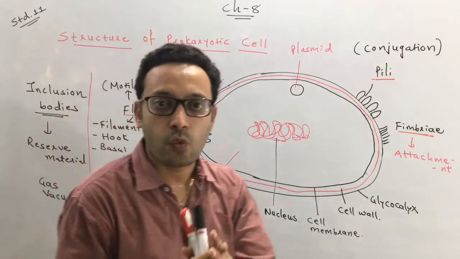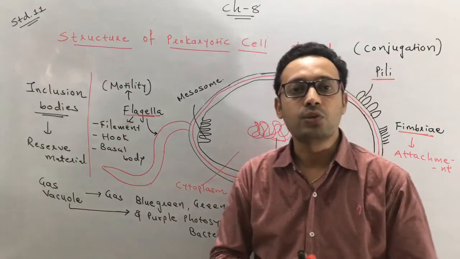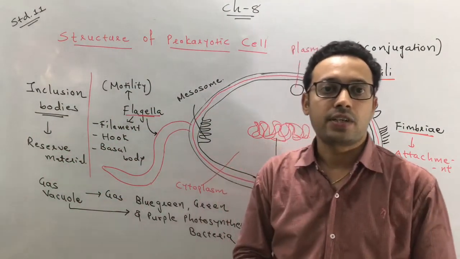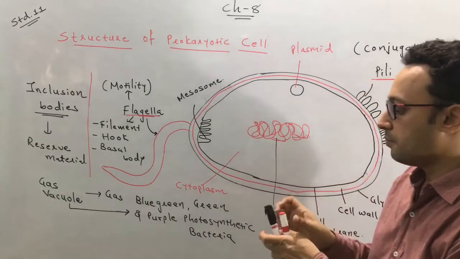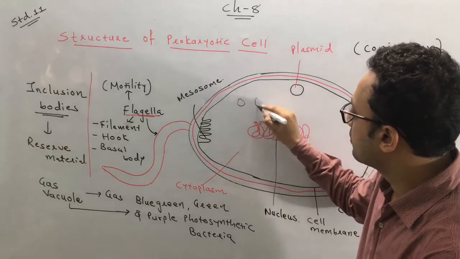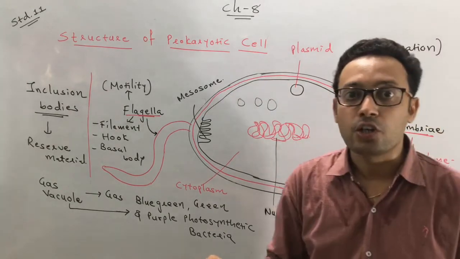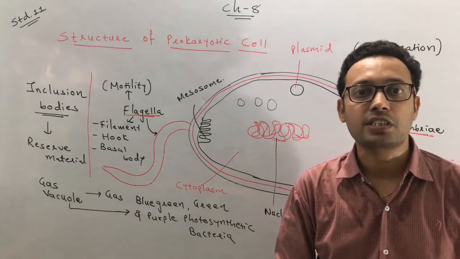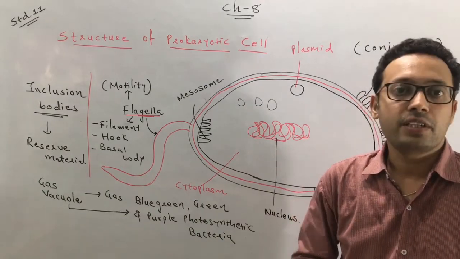So I can repeat, what is an inclusion body? Inclusion bodies are structures found in the cytoplasm, like here. They are non-membranous, because membranous structures are not found in a prokaryotic or bacterial cell.